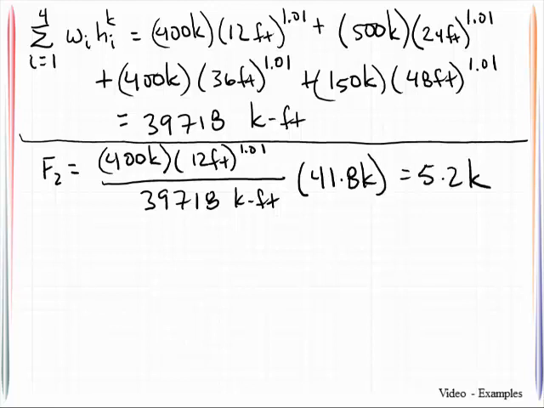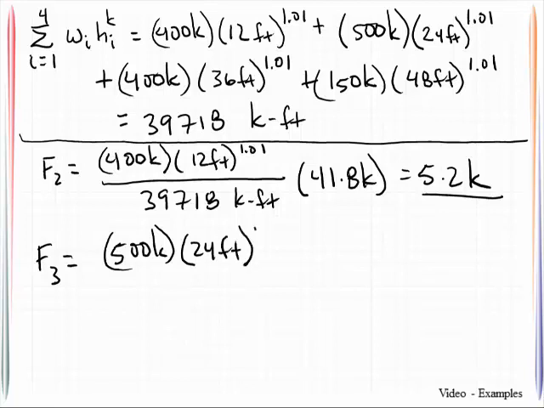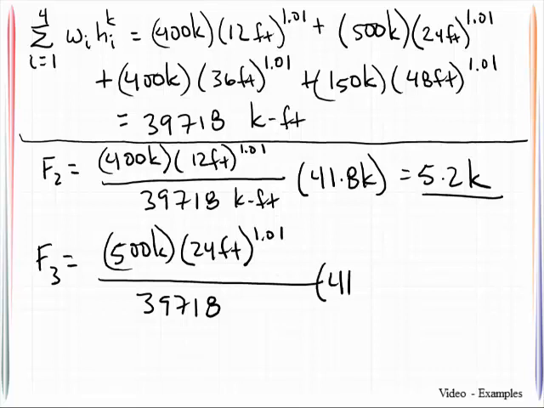That will work out to be 5.2 kips. Let's go ahead and get for story 3. 500 kips, 24 feet. Divided by that 39718. And this is going to need to be multiplied, every one of these, by the base shear. That will come out to be 13.0 kips.